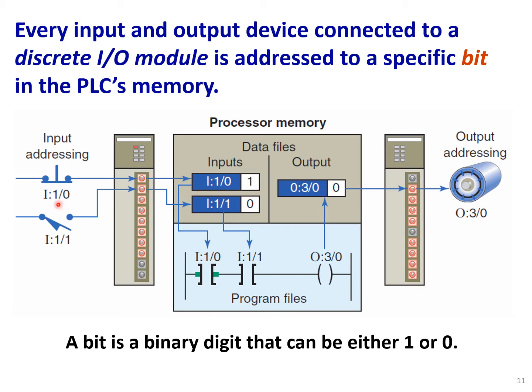We have two inputs, one limit switch and one push button. Both of them are indicated by I because they are input. One of them is I0 and the other one is I1. This is the bit address of these inputs.